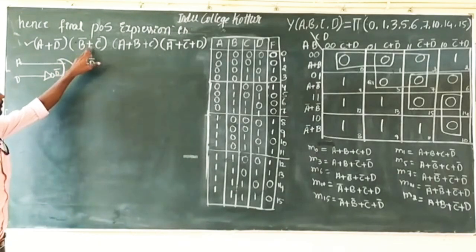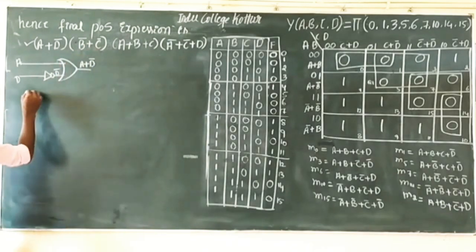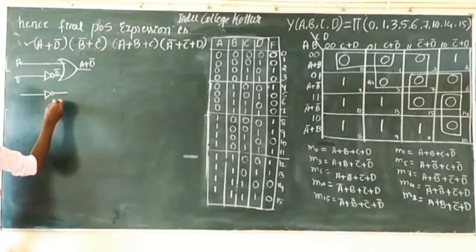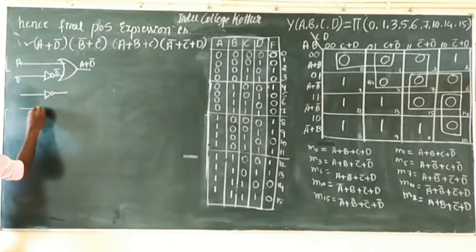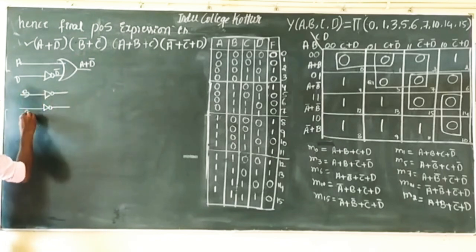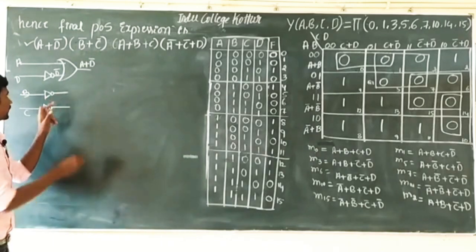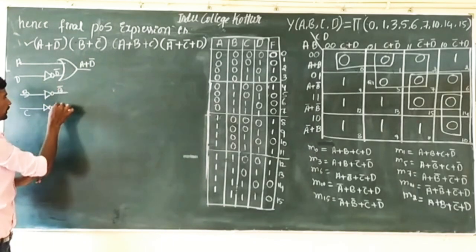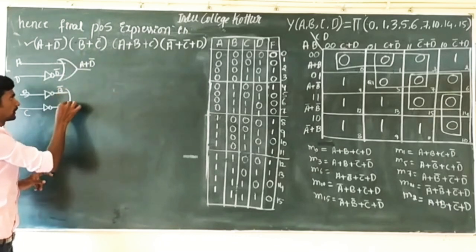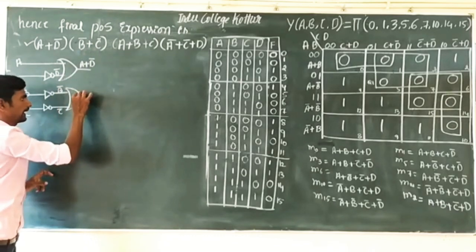Next B complement plus C complement. We can pass B, next C. If you pass B, we get B complement, here we get C complement. Here is an OR operation, just we have to draw the OR gate.